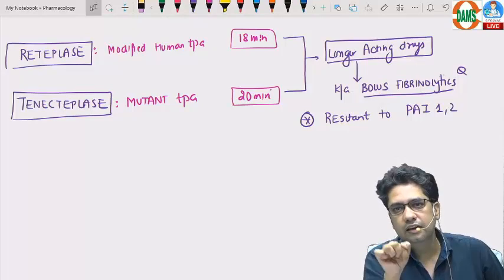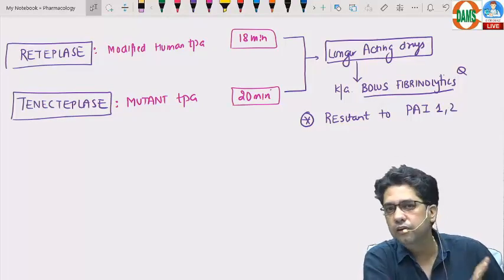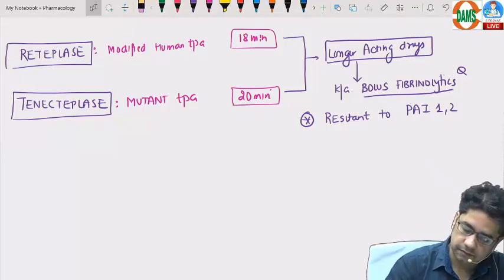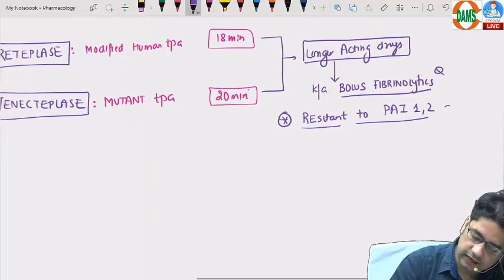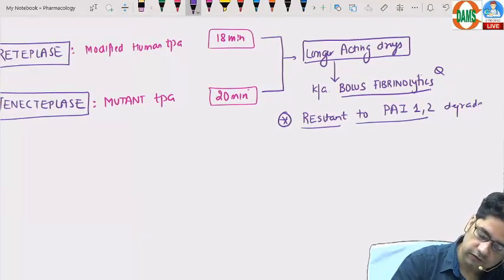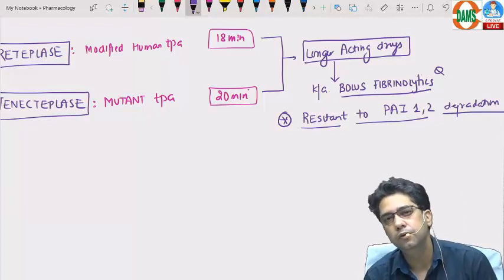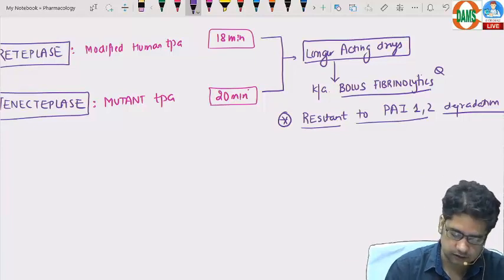They will remain attached on fibrin for plasmin for a very long duration of time. Understood? While streptokinase is degraded rapidly by PAI 1 and 2. PAI 1 and 2, you know, is plasminogen activator inhibitor.